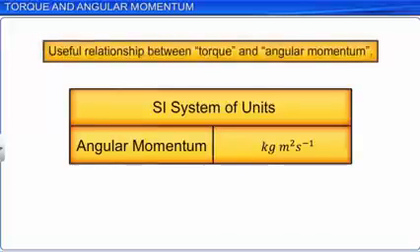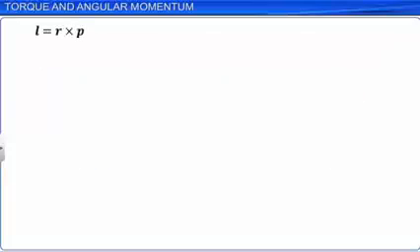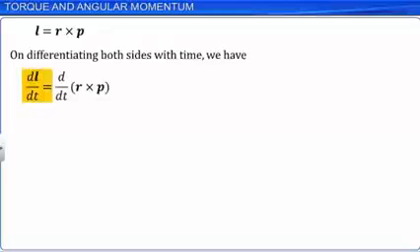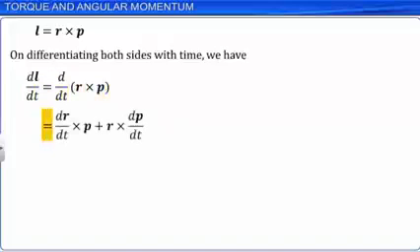We have L is equal to r cross p. On differentiating both sides with time, dL by dt is equal to d by dt of r cross p, which is equal to dr by dt cross p plus r cross dp by dt.